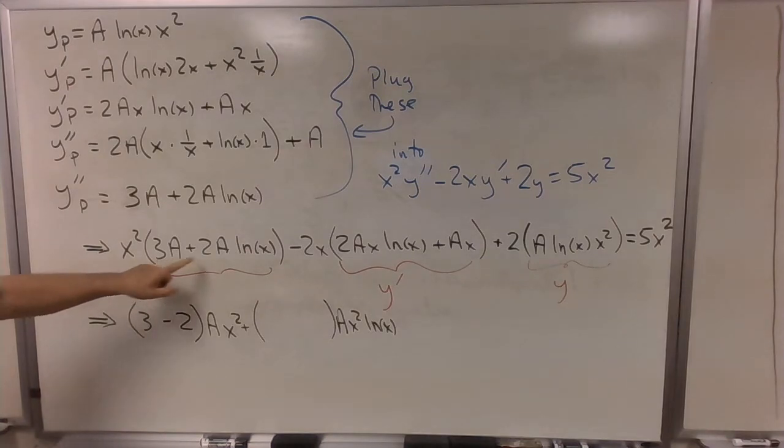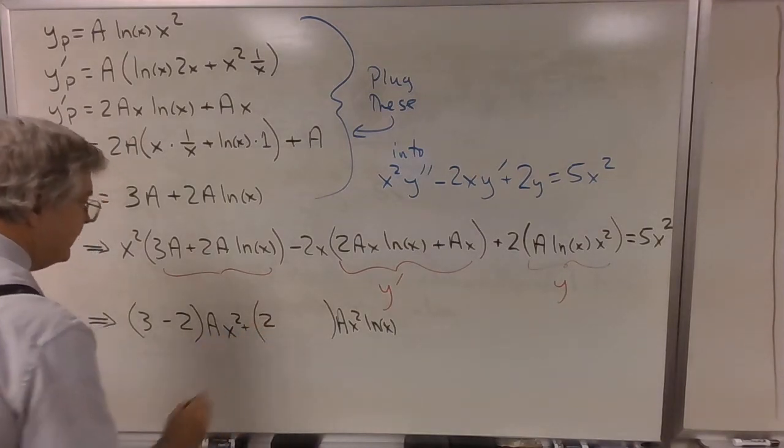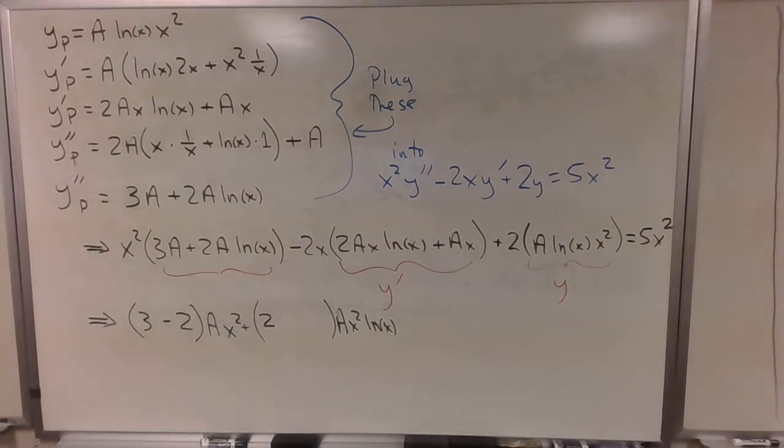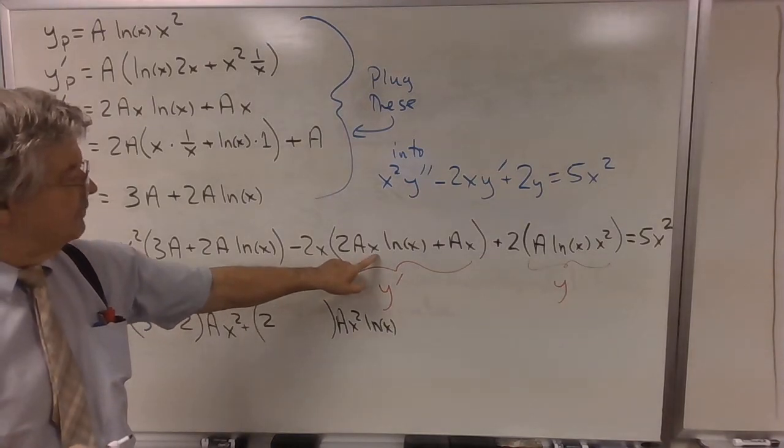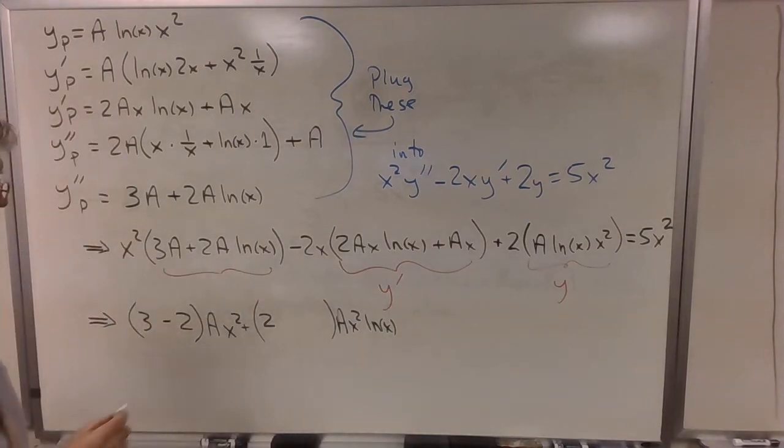Here we have 2ax squared natural log of x. And here we have minus 4ax squared natural log of x.